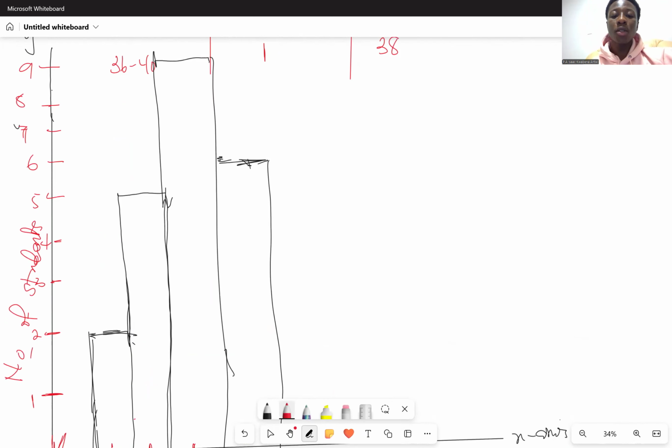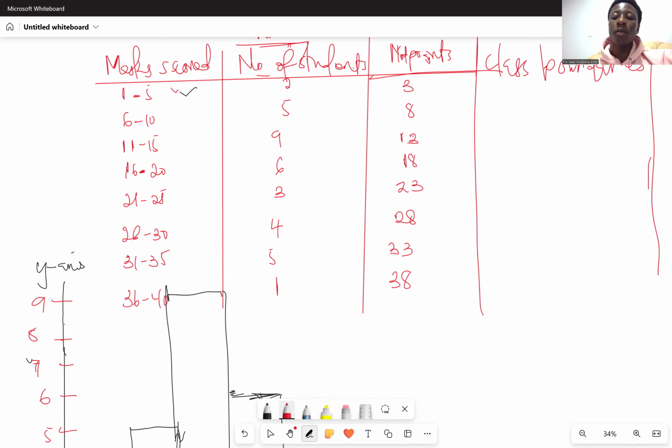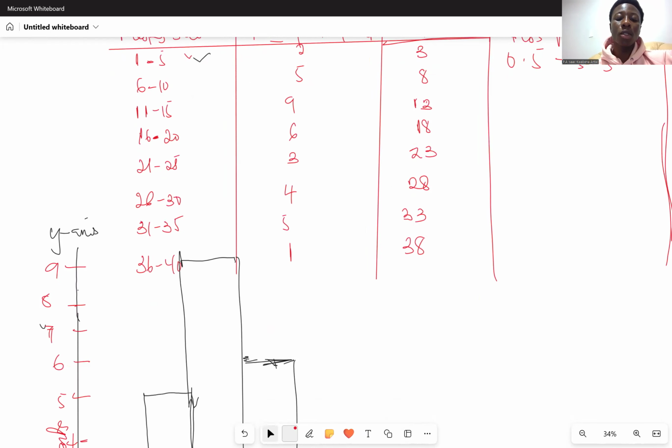If you're doing the class boundaries, you have to refer to how to create class boundaries. So in place of midpoint, you will write class boundaries, right? Again, refer to previous notes. Now, if you create a column for class boundaries, and let's say you have 0.5 to 5.5, yours is to just draw the boxes, right?